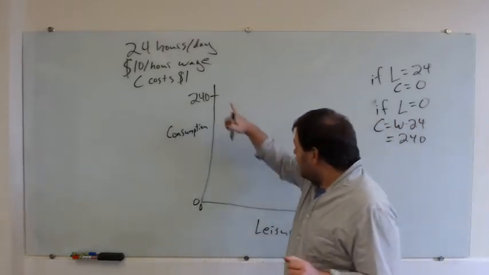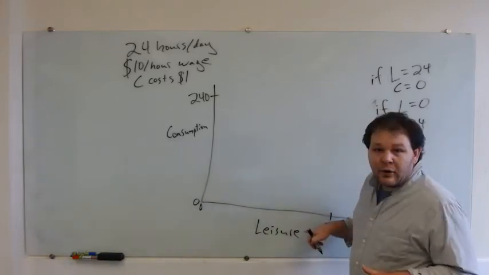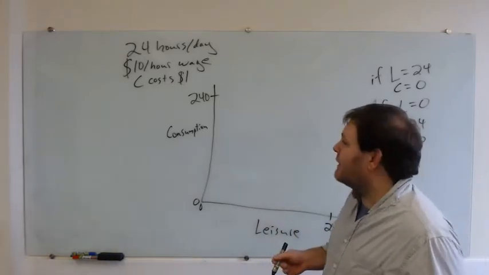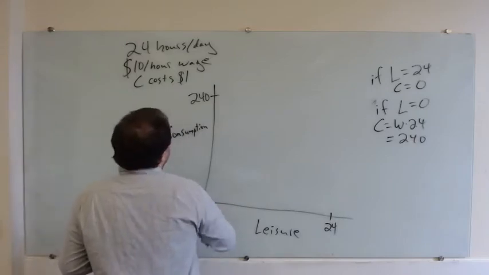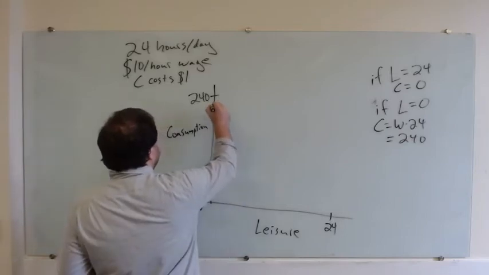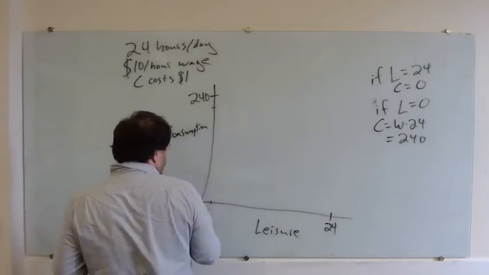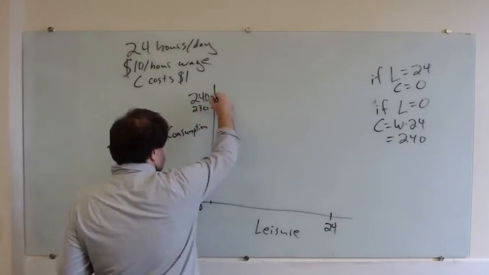And if I thought about the connection between all this, each time that I spend 1 less hour in leisure, I add 10 units of consumption. So if I started with no leisure at all, and then I add 1 hour, I take an hour break, then I would only have 230 units of consumption.